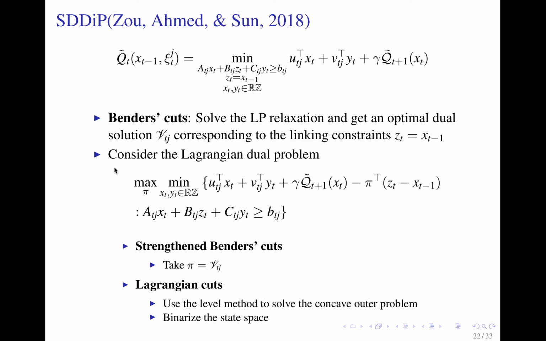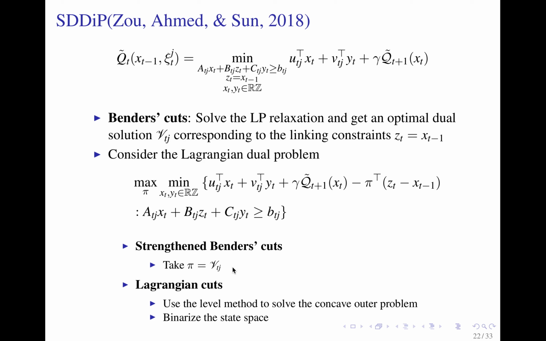So the outer problem here is unconstrained and is concave with respect to pi. So any pi will provide a feasible cut. In particular, if we just use the pi obtained from the dual solutions of the LP relaxation, we get the so-called strengthened Benders cuts.